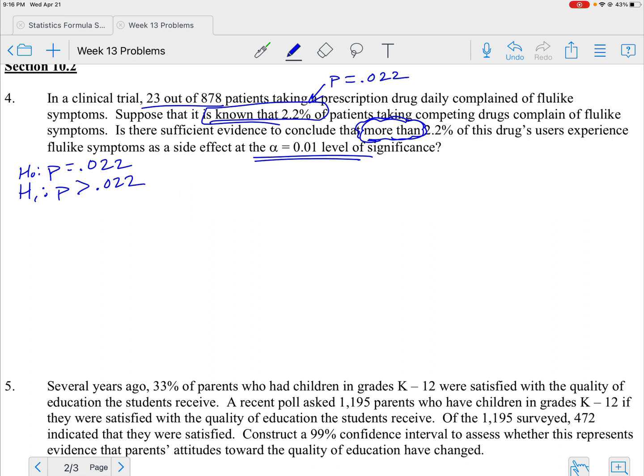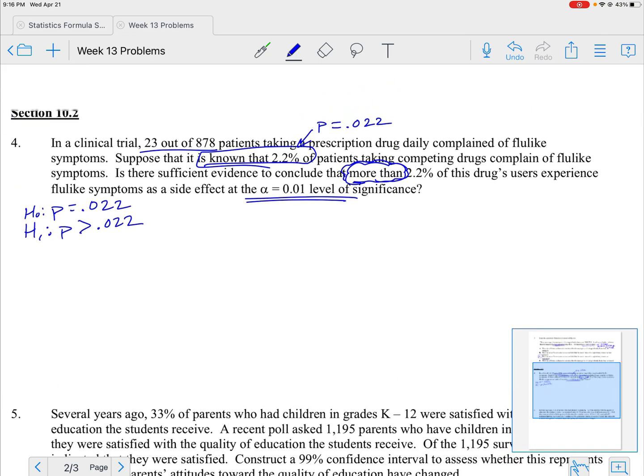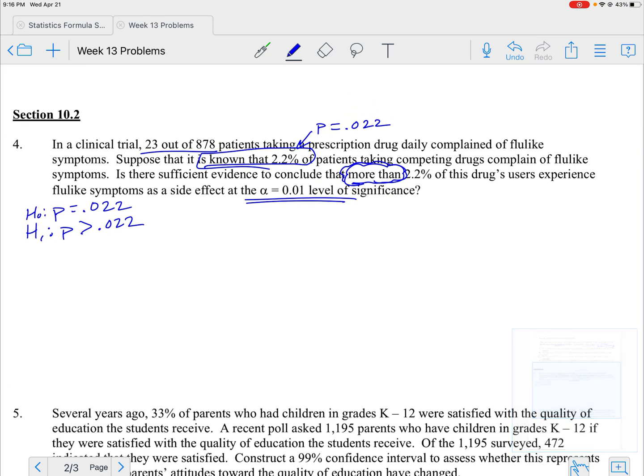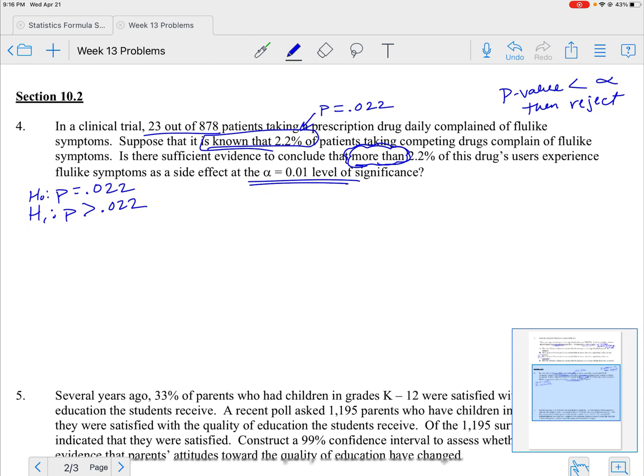So we want to come up with our test statistic so we can get our p-value. Because remember, just as a side note, remember if the p-value is less than your level of significance, then we have to reject it. That is telling me that I have sufficient evidence in order to change my mind, in order to reject it.